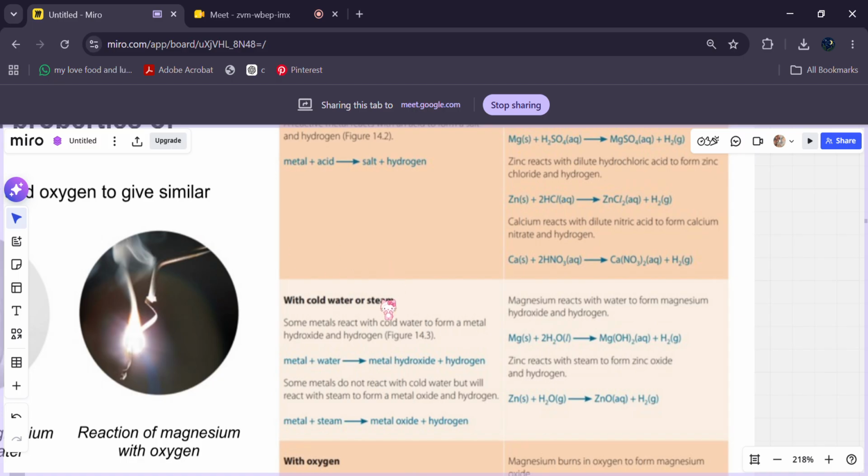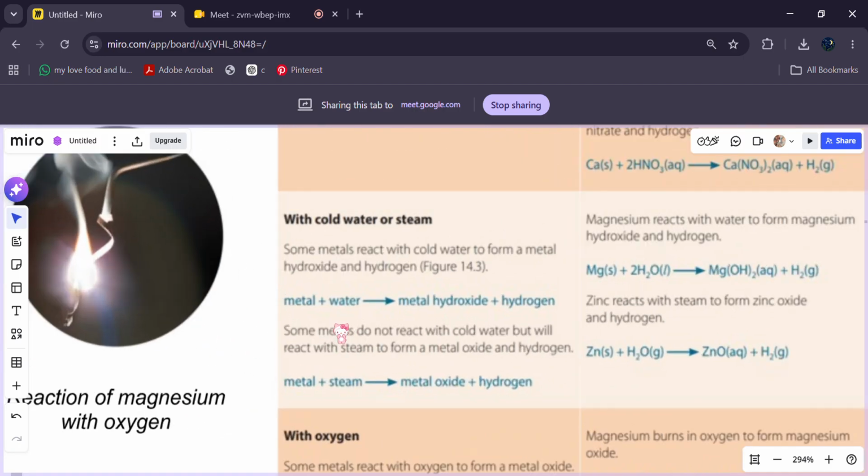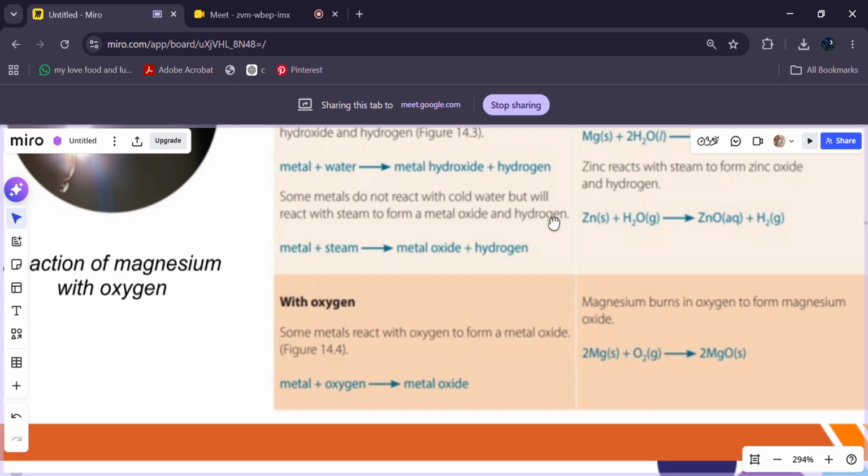Reactive metals react with cold water to form a metal hydroxide and hydrogen. Some metals do not react with cold water, but will still react with steam to form a metal oxide and hydrogen. When metals react with oxygen, they form a metal oxide.